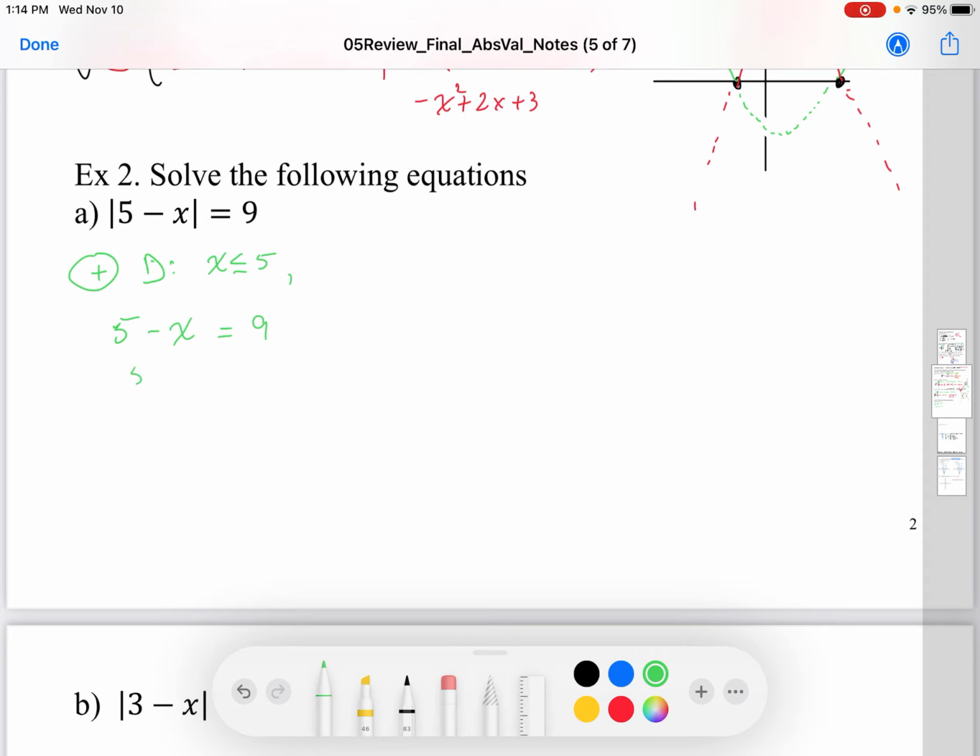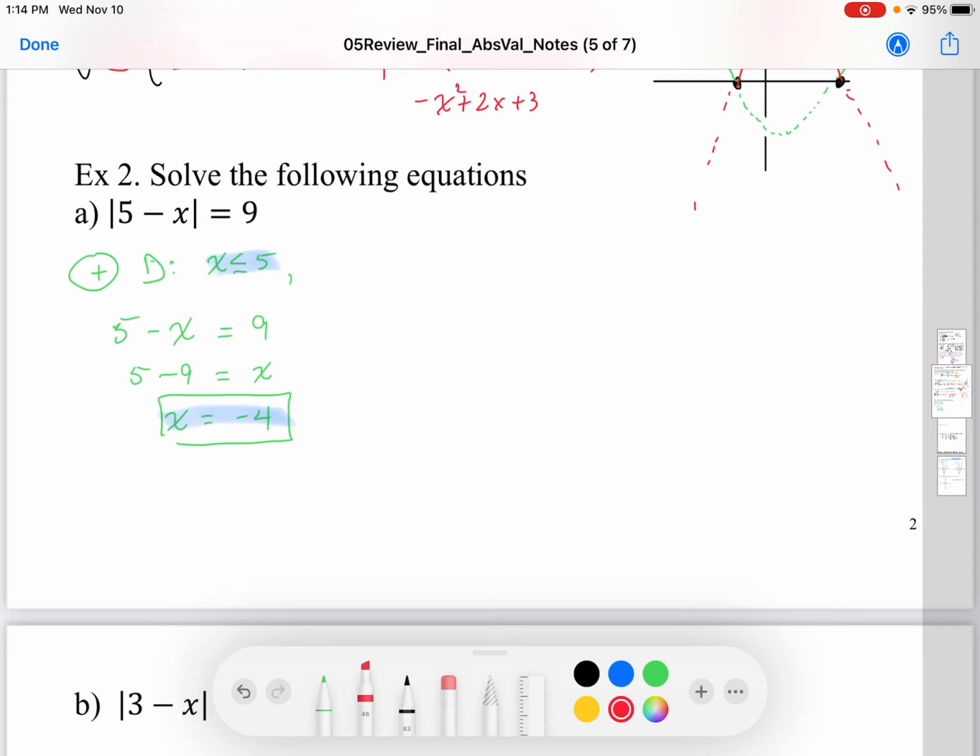Solving for x, I get 5 minus 9, and I'm going to add x to both sides. So x equals negative 4. Okay, so that's going to be the positive version. And again, we can check for extraneous solutions, and we should. We can always check by substituting, but we can also check by comparing the domain with the solution, and the solution fits in the domain.